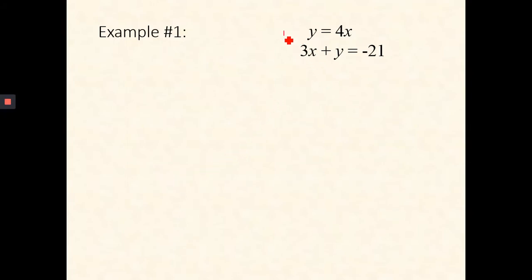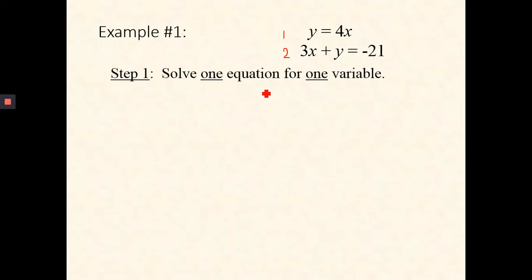The first equation is y equals 4x. The second equation is 3x plus y equals negative 21. Okay, going back to the different steps. Step 1, solve one equation for one variable. So we have here y equals 4x, equation 1.